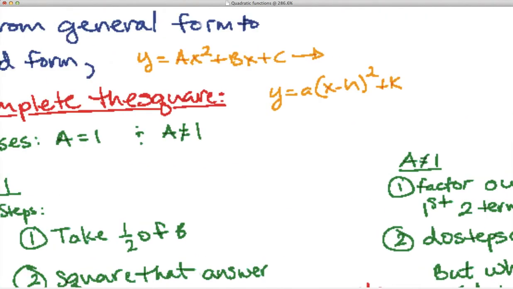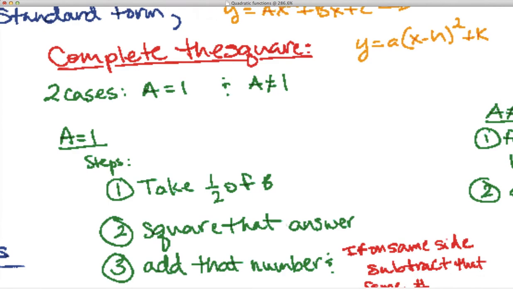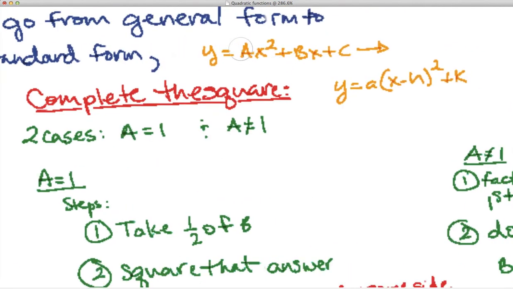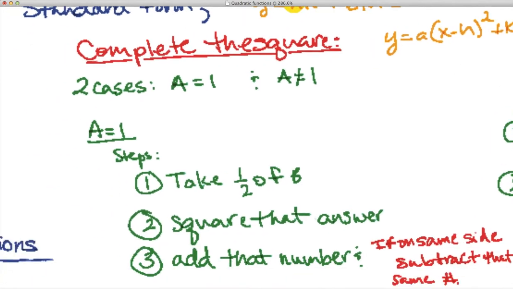It's easier to just see it done, but the basic scenario, you're going to have 2 scenarios in which one, this a right here will equal 1, and then the other scenario you'll actually have a number there, whatever the number may be. So if it's equal to 1, it's pretty straightforward.